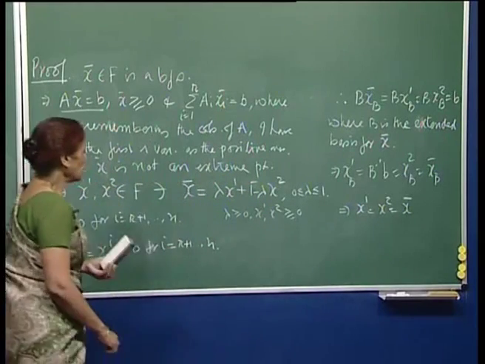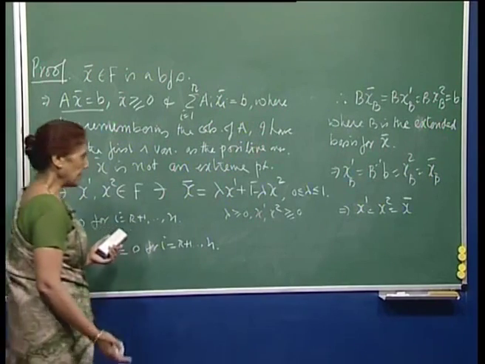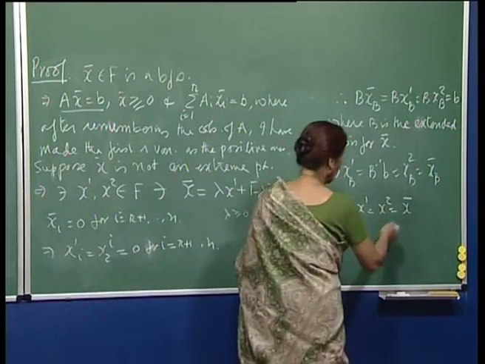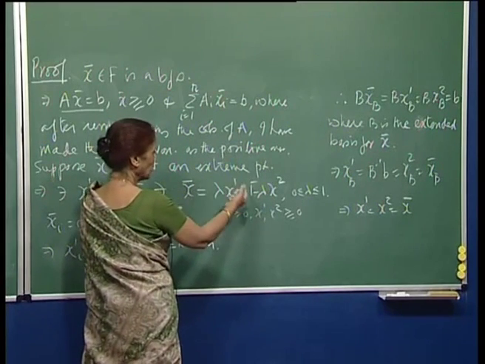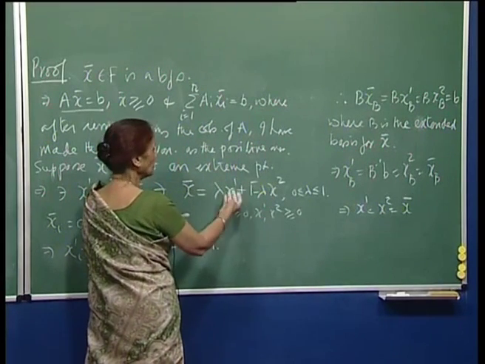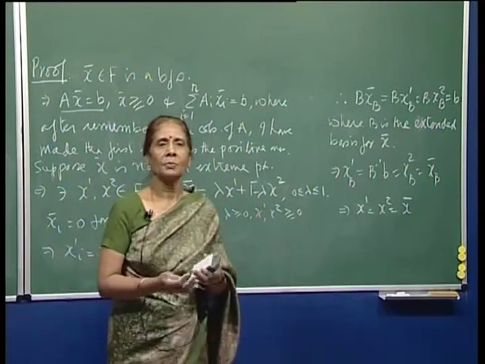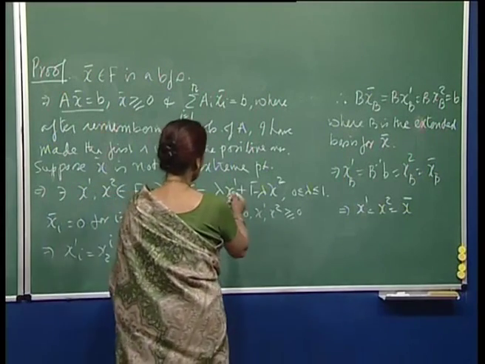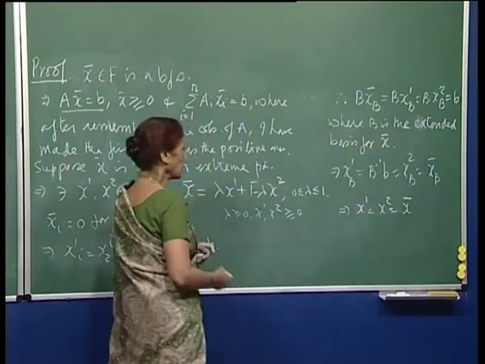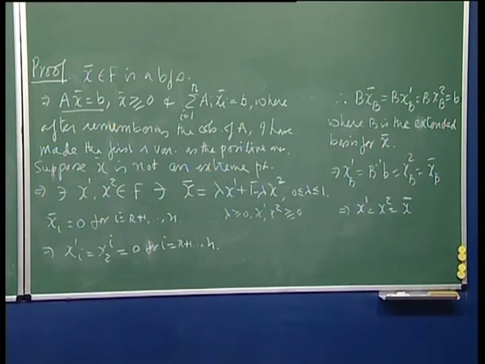And so, our assumption that x bar is not an extreme point fails, right, because I have shown you that if you start with this assumption, then you have no choice but to conclude that x1 and x2 have to be x bar. So, therefore, x bar must be an extreme point. So, I started with a basic feasible solution, and I have shown you that x bar also has to be an extreme point. So, now we do the other way, which I started writing earlier.